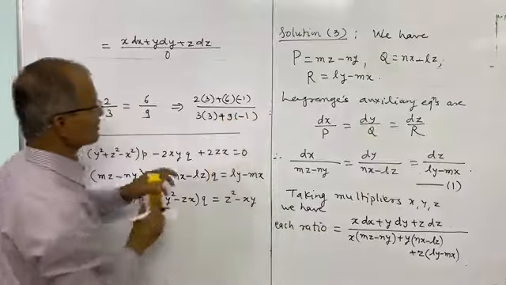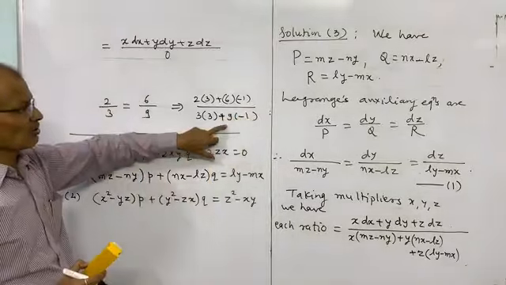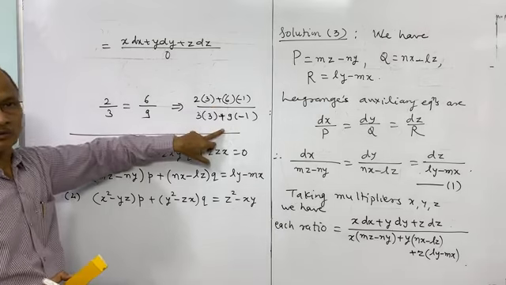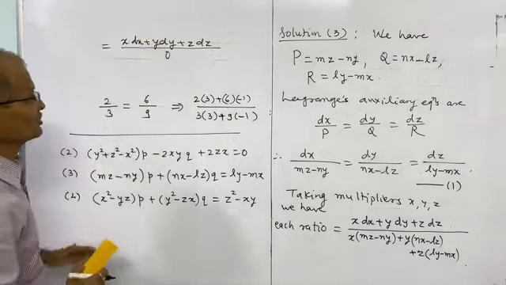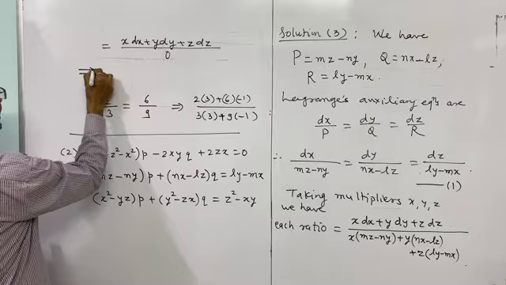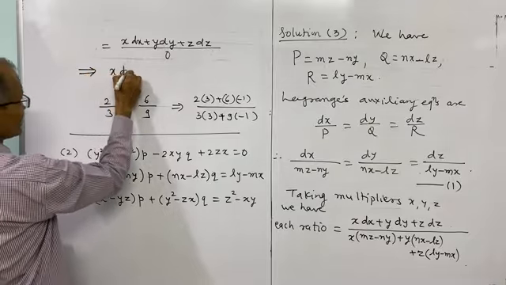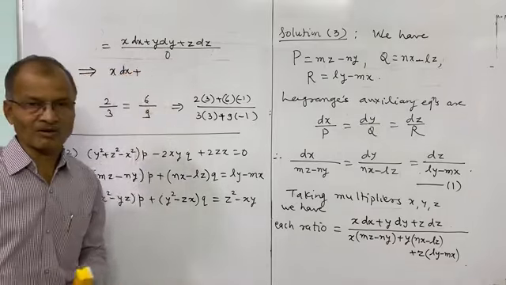So that gives 0, and the numerator is also 0. That means this implies x dx plus y dy plus z dz is 0. We can't say this is indeterminate or not defined.